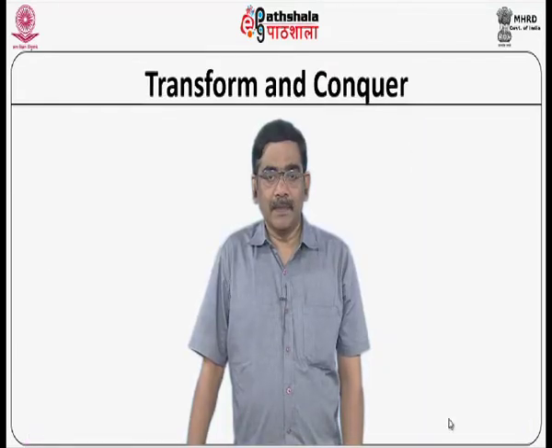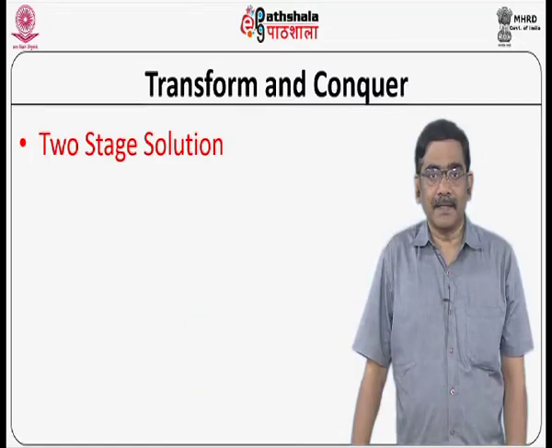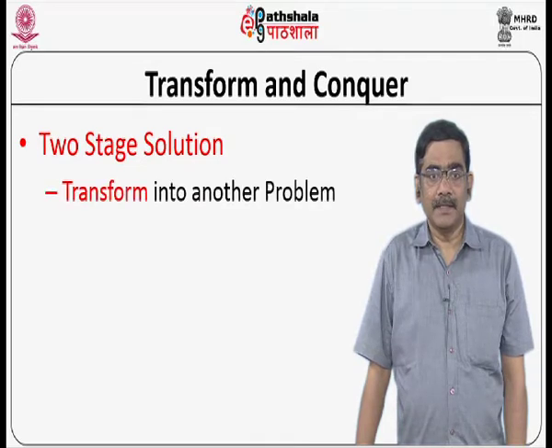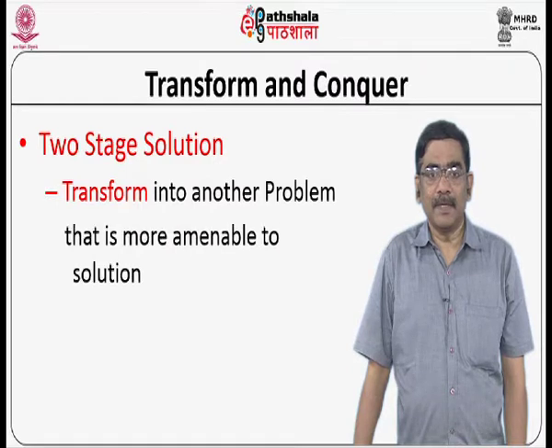Last module we discussed the transform and conquer strategy. Probably you can recollect this is a two stage solution. In stage 1 we transform a problem into another problem that is more amenable for solution.